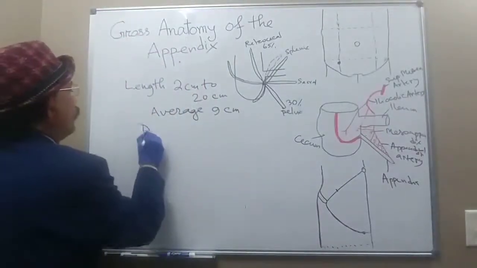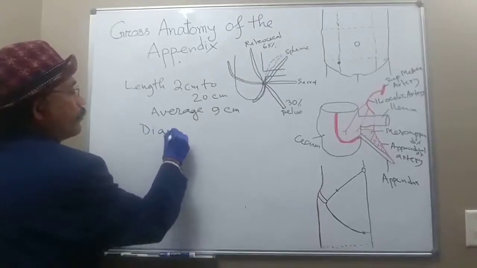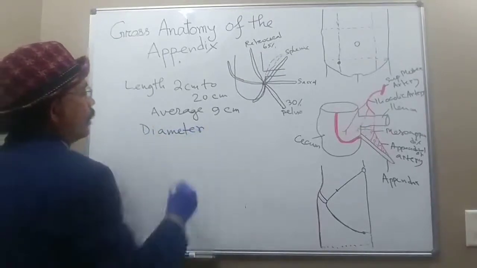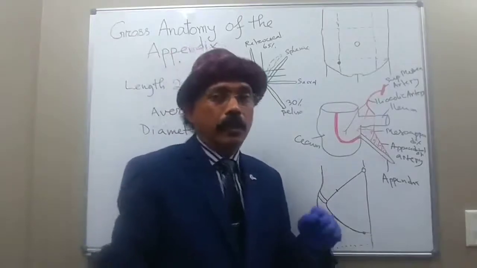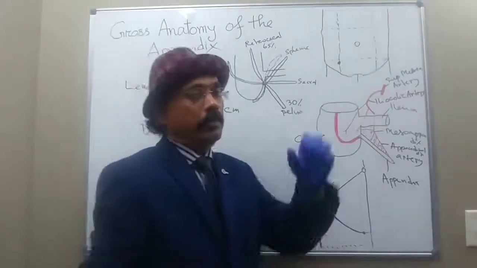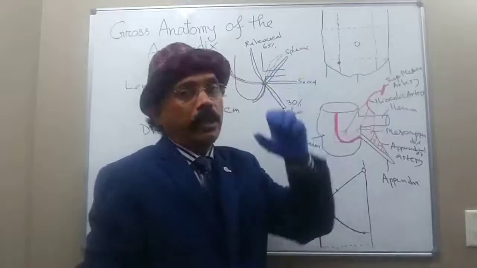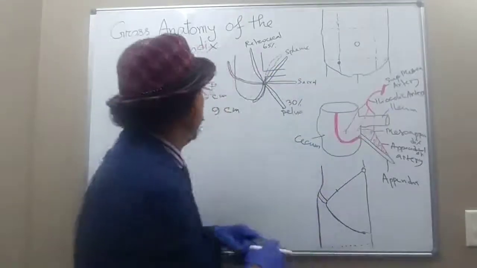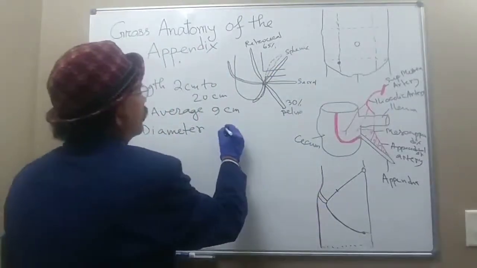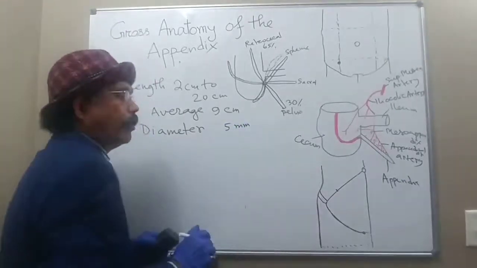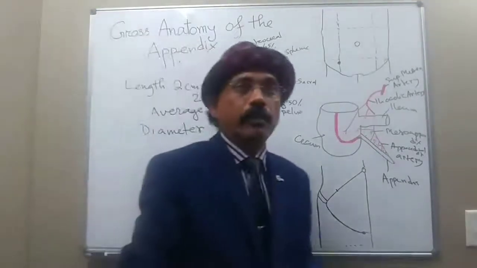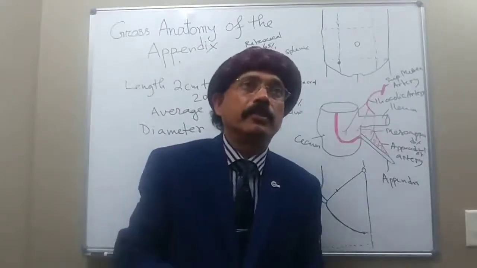It varies from person to person. Children have more lymphoid tissue. In adults, the lumen may be obliterated as the lymphoid tissue atrophies. Diameter is around 0.5 mm, depending on physique, and individual variation is always present.